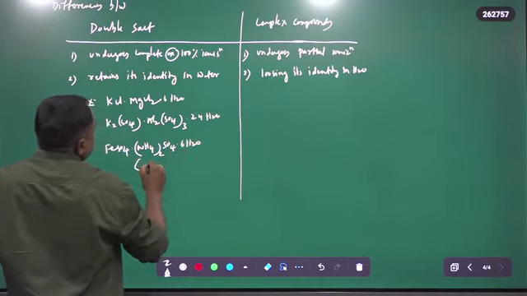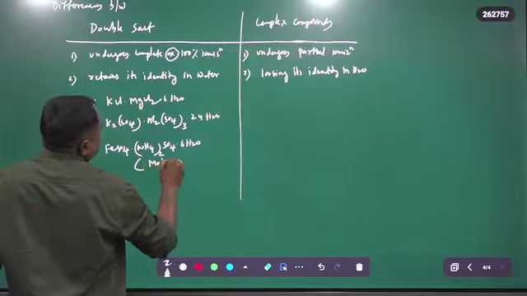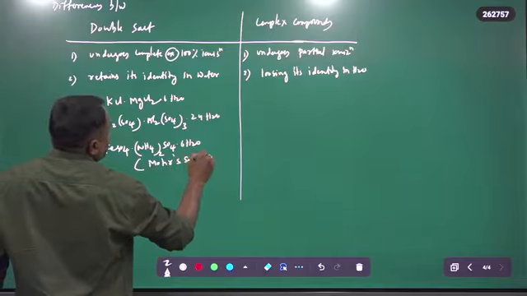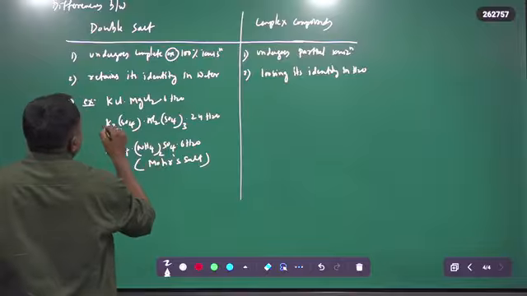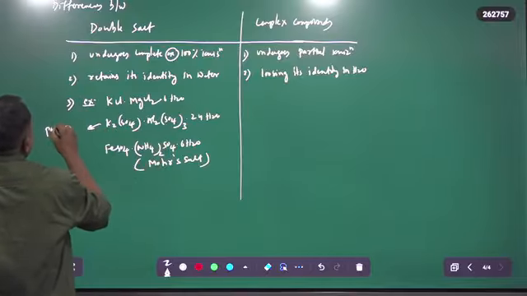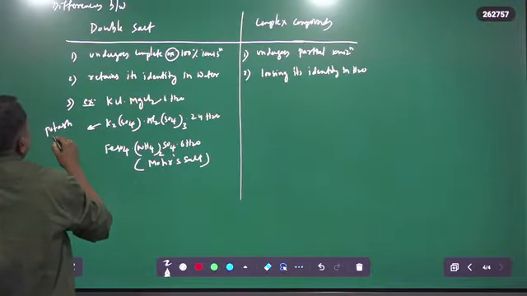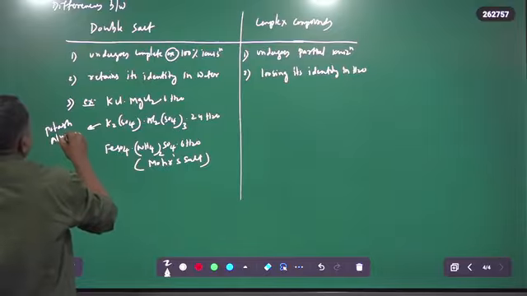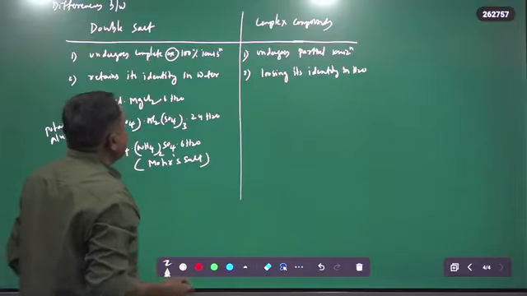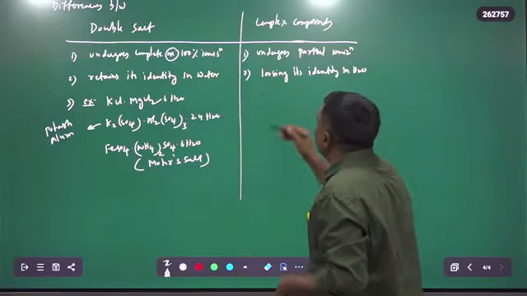So this is Mohr's salt. So these are the double salts. This is potash alum. So these are some examples of double salts.